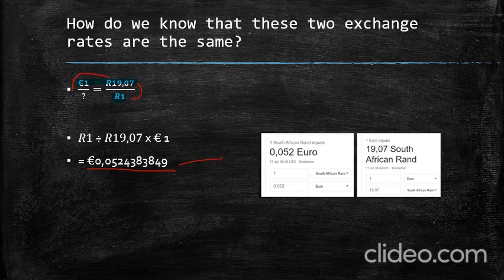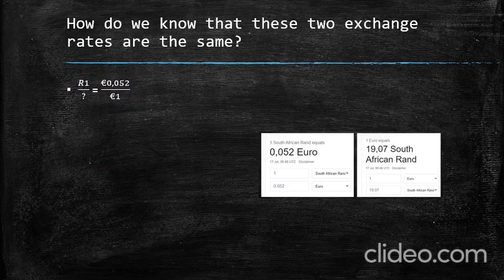And if we go back to what we have here, we see that that actually is the same answer. Now it could also be done the other way around, which would then be 1 rand is equal to 0,052 euro, and that's what we got from this point over here. And then we have 1 euro is equal to how many rands?